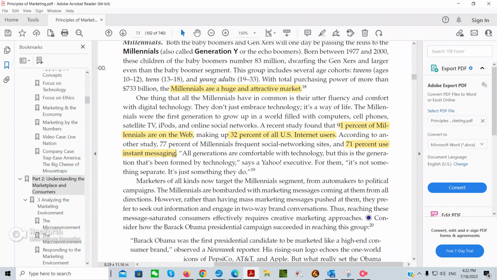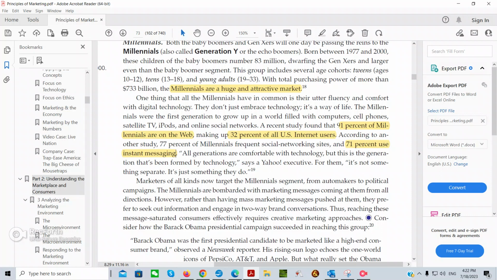Now, let's go on with this section where it says marketers of all kinds now target the millennials segment, from automakers to political campaigns. Millennials are bombarded with marketing messages coming from all directions. However, rather than having mass marketing messages pushed at them, they prefer to seek out information and engage in two-way brand conversations.